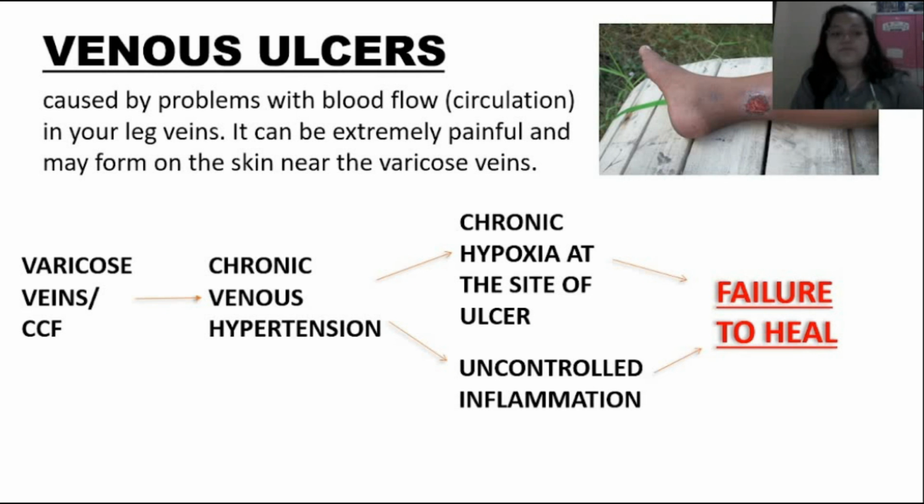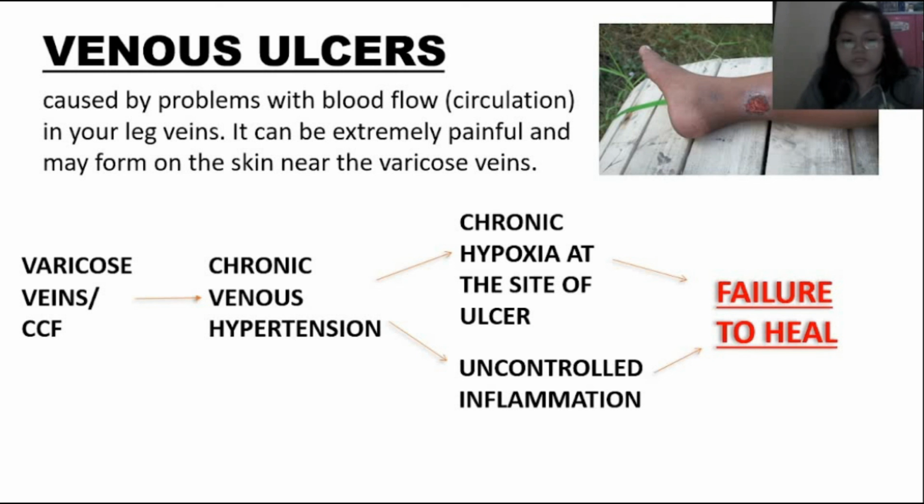It can be extremely painful and may form on the skin near the varicose veins. Usually they occur above the ankle, particularly in individuals who have varicose veins or congestive cardiac failure that would result in chronic venous hypertension.